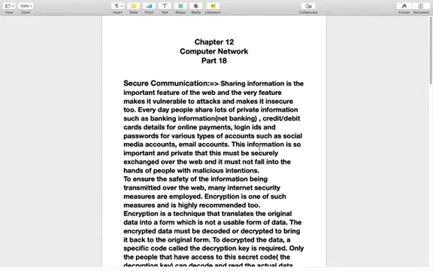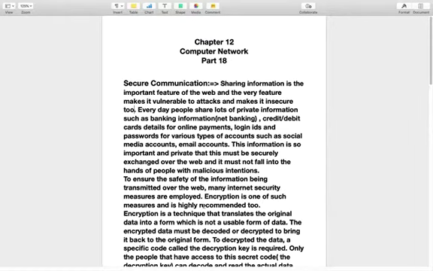This information is so important and private that it must be exchanged securely over the web, and it must not fall into the hands of people with malicious intentions. Generally such activity is done by hackers and other eavesdroppers on the internet.